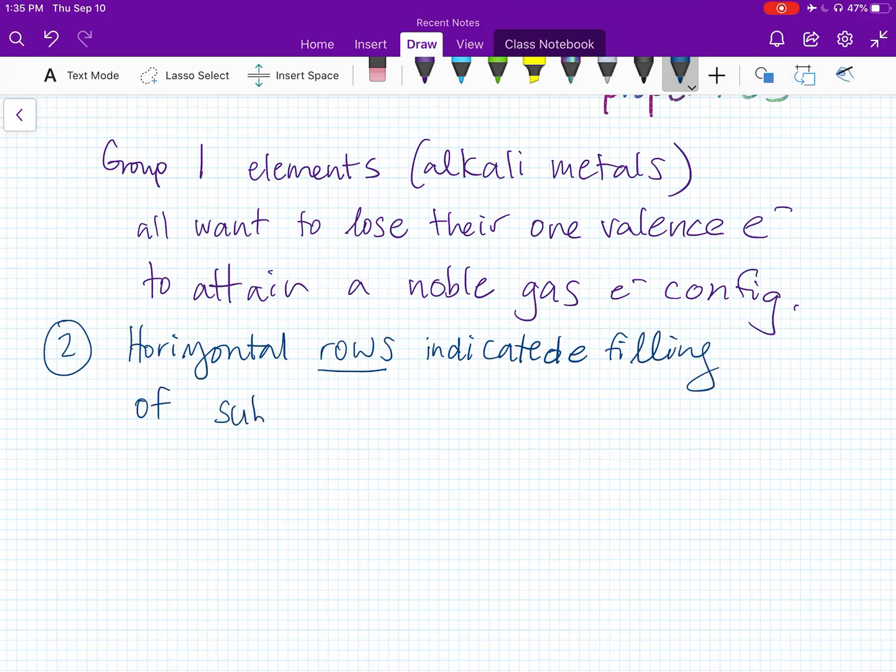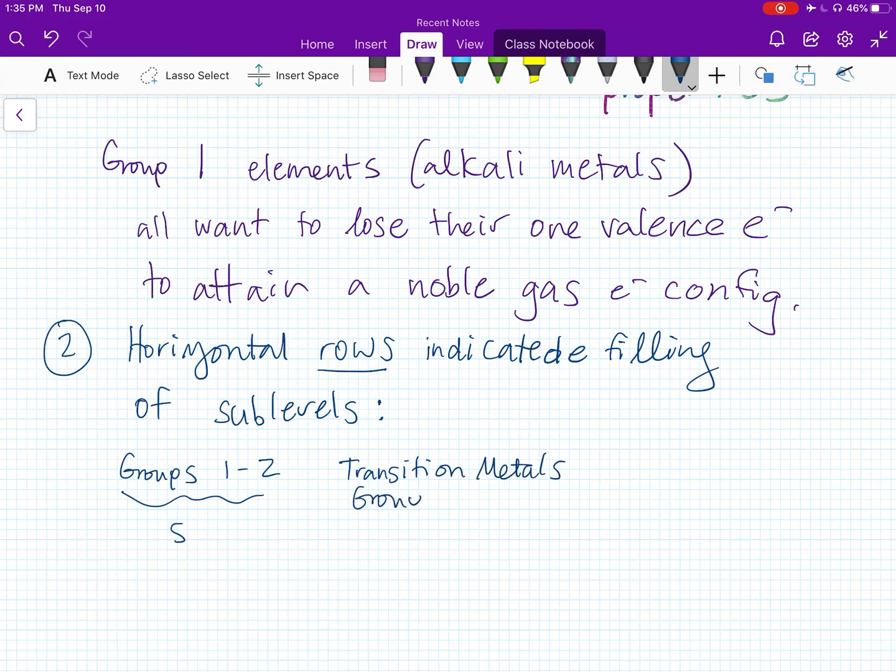So this is very important. And you can actually use the periodic table to figure out electron configurations in that way. So groups 1 and 2 correspond to the S sublevel. The transition metals are the elements in groups 3 through 12.